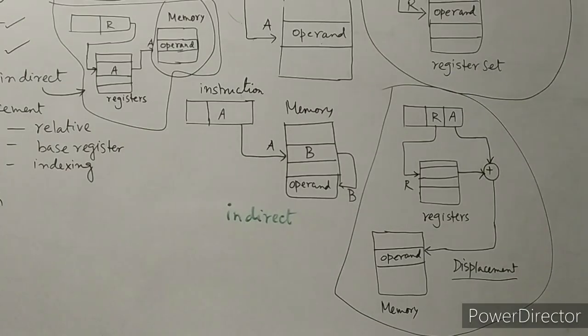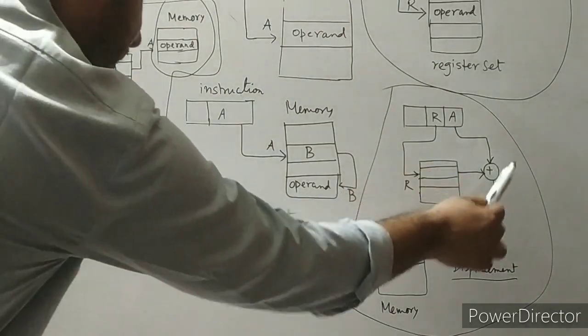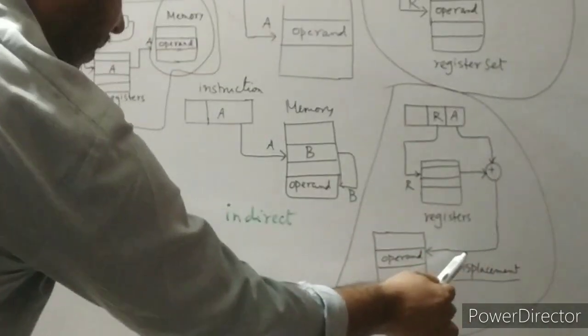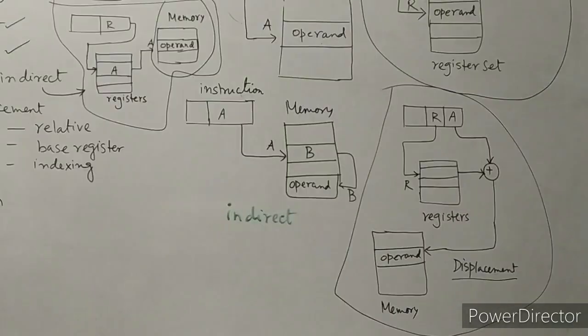One is the register number, the other one contains the address. This register will be referred from the register set and the register will get selected. Its content will be added with the address. You can see the address is coming from here and the value of the register is coming from here. This will be added and it will go to the memory.